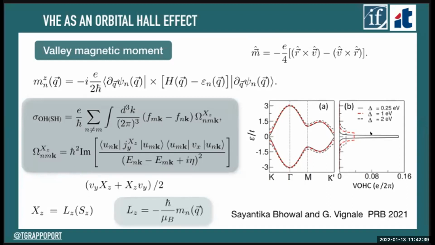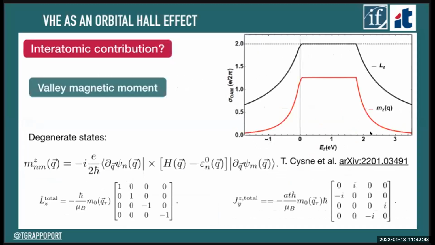Because it's related to the Berry curvature and the magnetic moment that's coming from the modern theory of magnetism. If we do the same in our case, we don't need to compare the valley Hall effect with the orbital Hall effect anymore. We can use this approach to calculate the orbital Hall effect. And by doing that, we are considering these two contributions on equal footing, right?